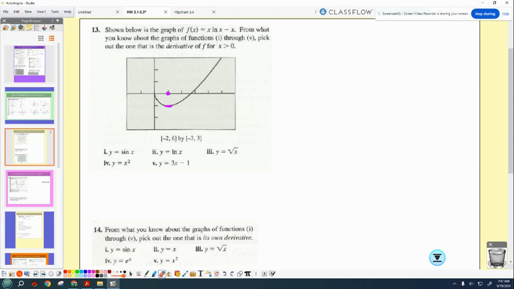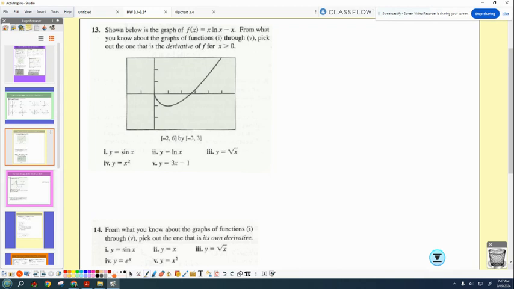Okay. So horizontal tangent, like this is the derivative, and gave some reasoning. Didn't quite catch all of it.